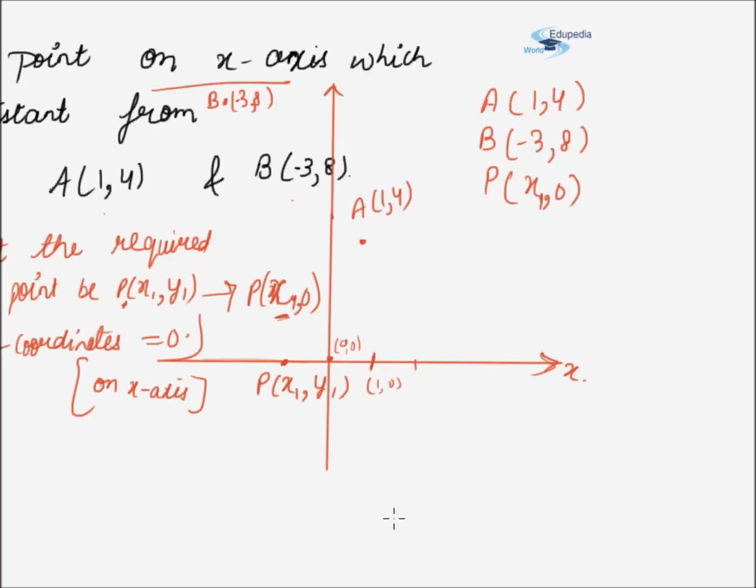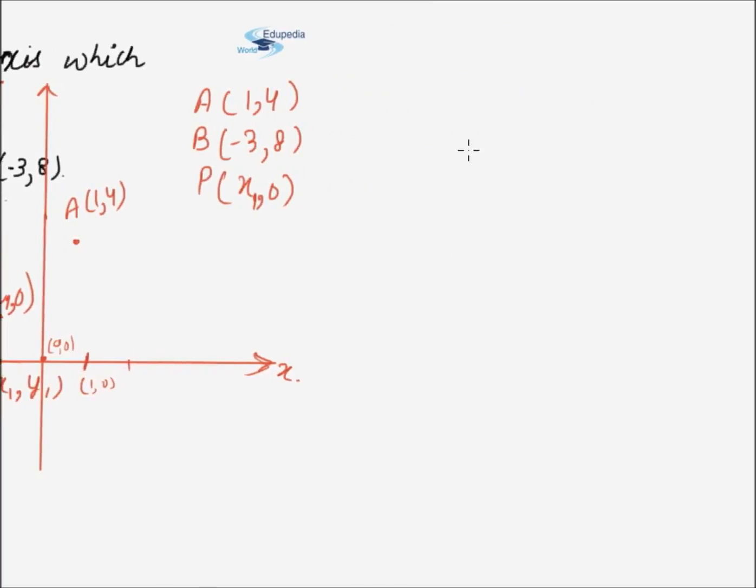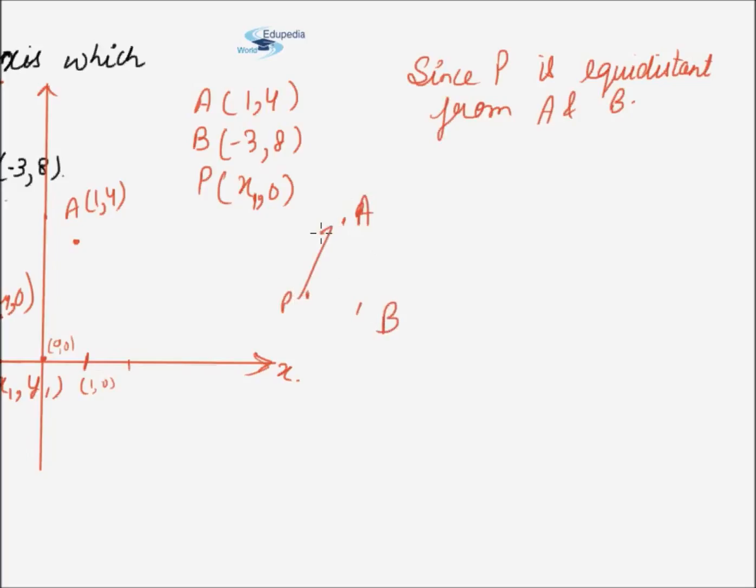Now since P is equidistant from A and B, we can say that PA will be equal to PB. Or we can apply distance formula for these two values.